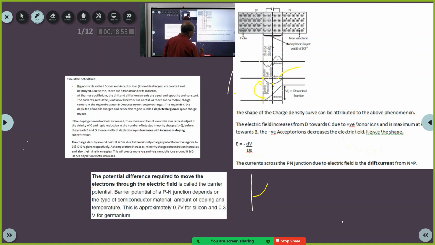The slope of the potential curve is very less here, so the intensity of the electric field will also be very less. Correct? And as the slope is increasing here, the intensity will also increase. So this point corresponds to this point, and this point corresponds to this point, because this is the voltage versus x graph.